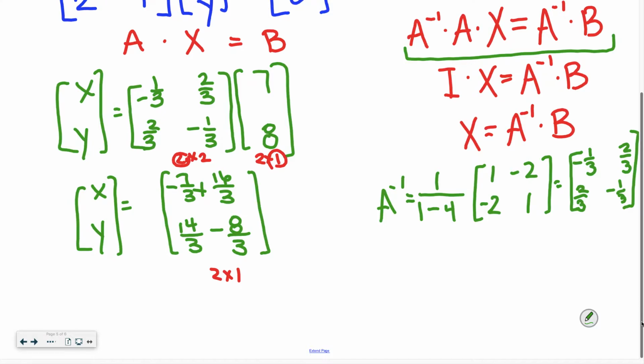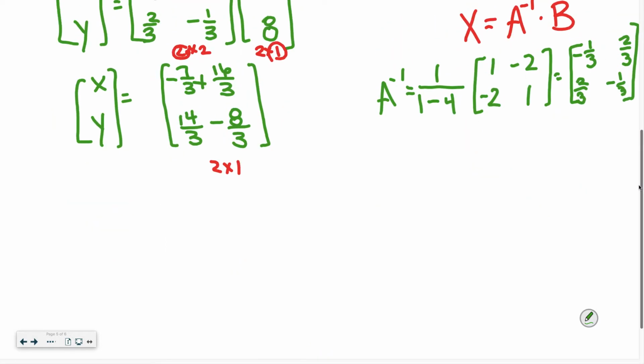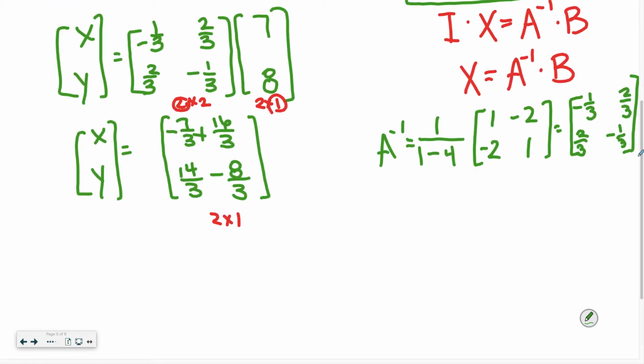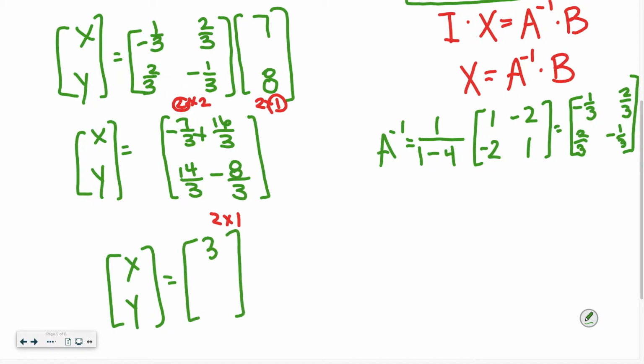Negative 7/3 plus 16/3, and 9/3 is the same as? 14/3 minus 8/3? 6/3, which is, okay. So the coordinate of intersection for our two lines is the coordinate 3, 2.